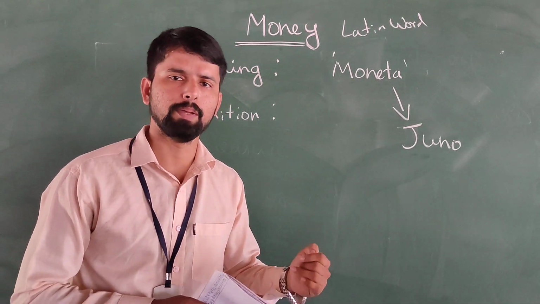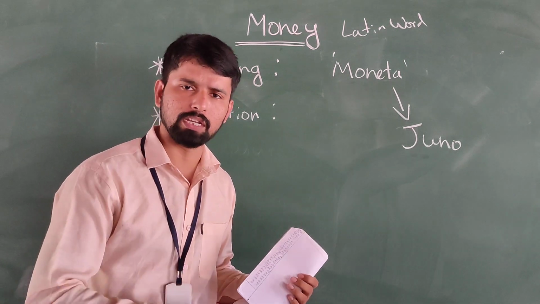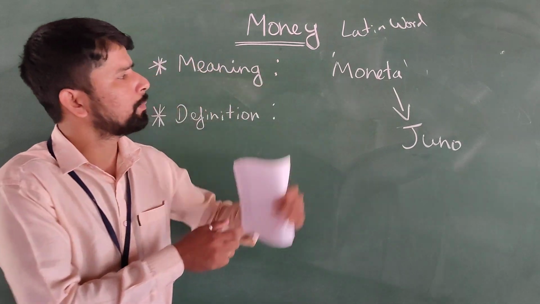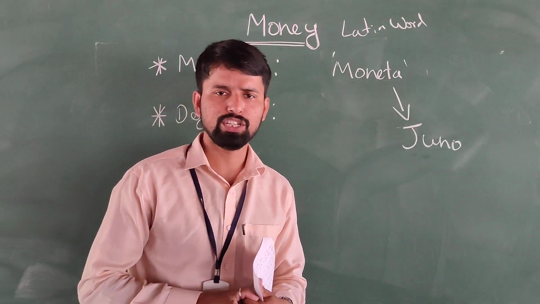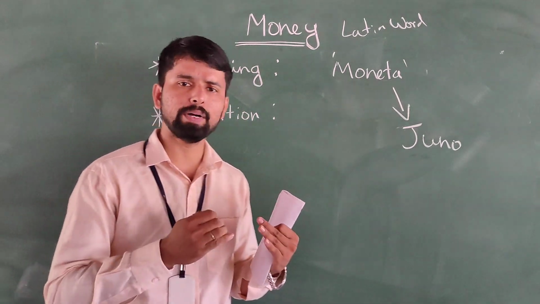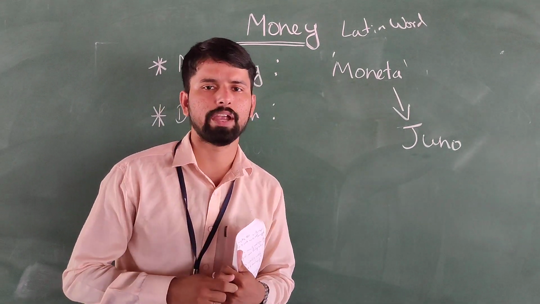The coins and paper standards are what we are using in our daily life. If we go back before moneta, before the coinage system, we can observe the use of money in ancient societies.